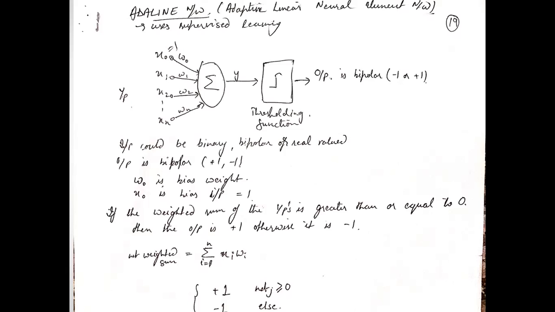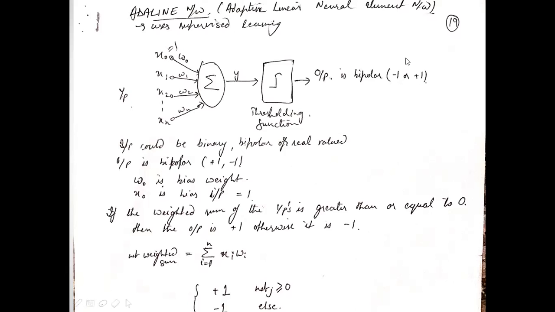Now this particular network uses supervised learning. Every type of neural network has a certain type of learning which we have to define, whether it is using supervised learning, unsupervised learning, or reinforcement. So this is the one which is using supervised learning.